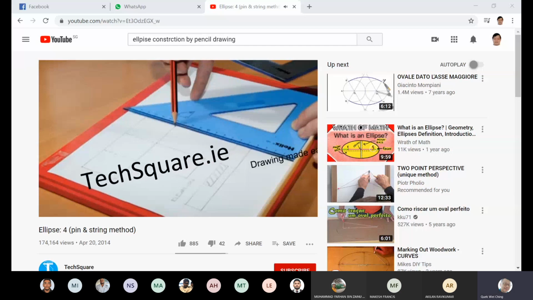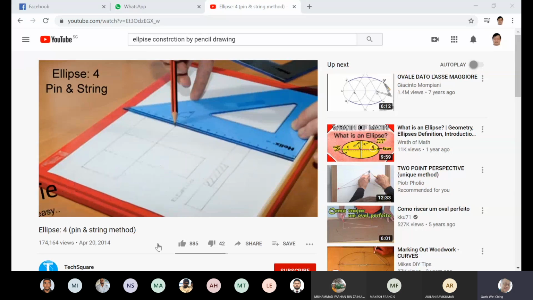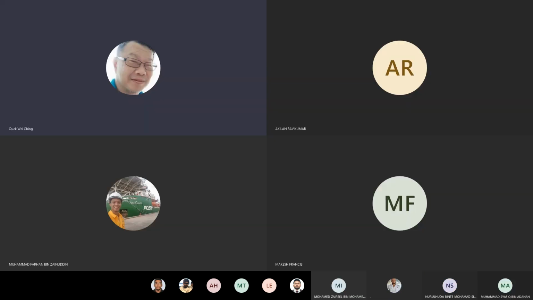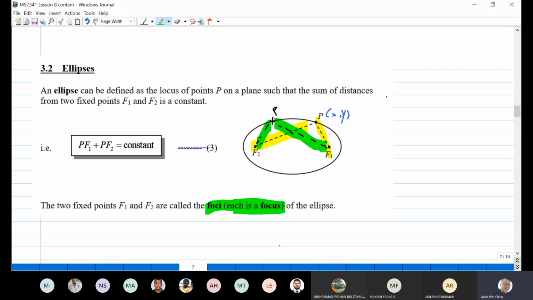Okay, so let's go back to our slide here. You see the video showing how the two foci play a part when the point moves around.